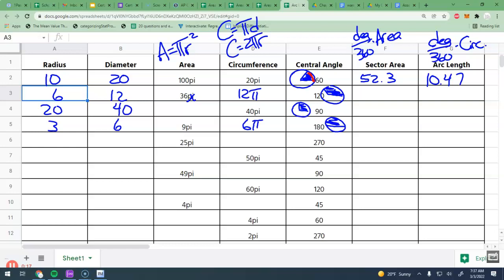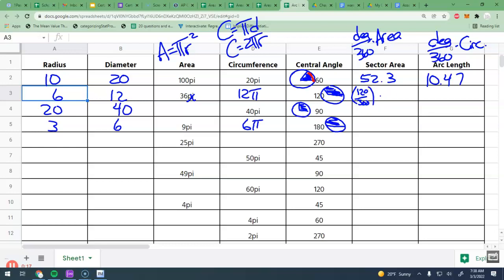I know the entire area, the entire circumference, but I only want this piece of it. So this is 120 out of 360, which is just 1/3. So you're just looking for the entire area divided by 3. And I'm getting that 1/3 by doing 120 divided by 360. So again, degrees divided by 360 times the actual area.